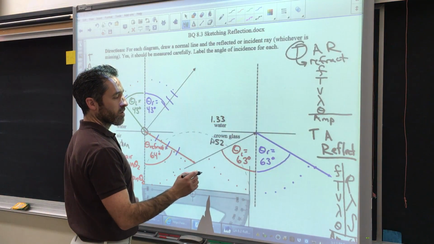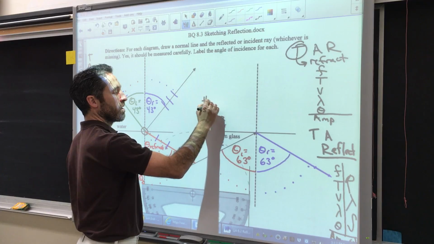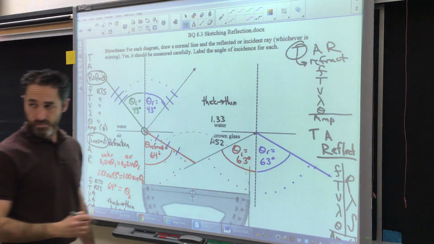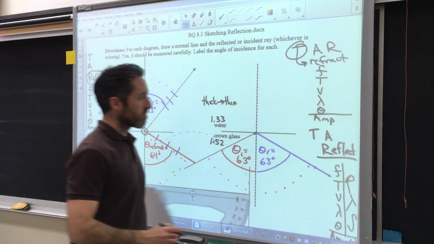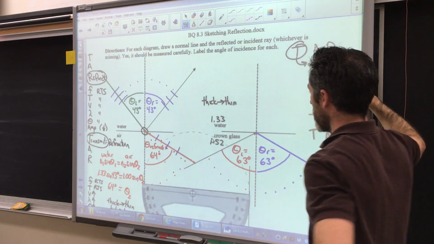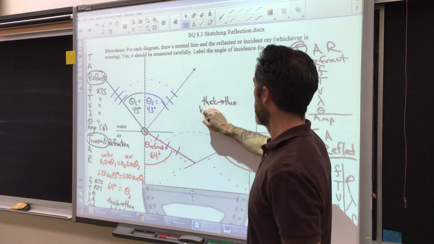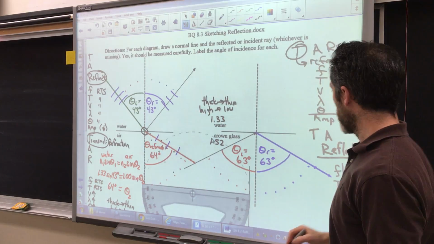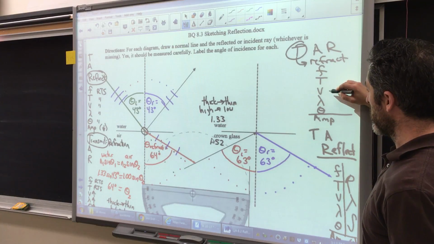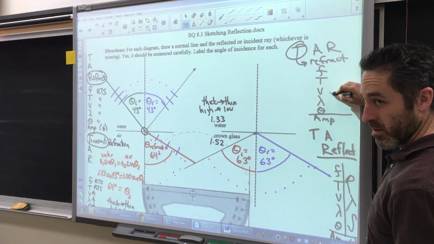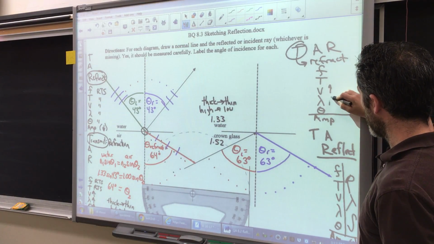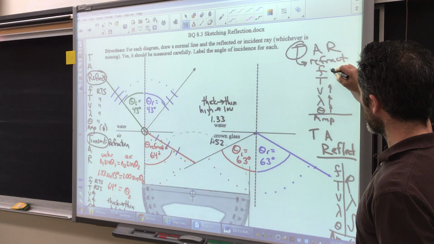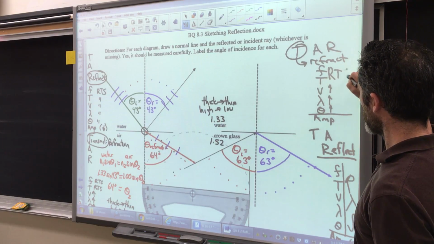So we are now going from thick to thin, which means, this is also what we call high to low. And so, speed will increase. Speed goes up, wavelength goes up, angle goes up, frequency and period both remain the same.